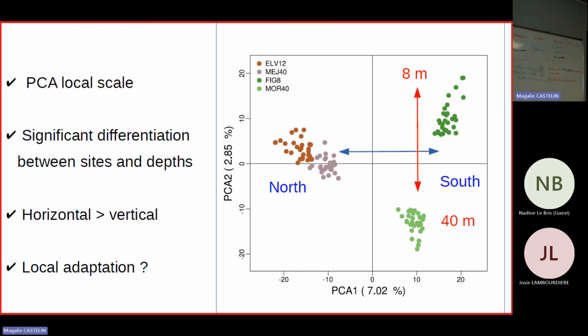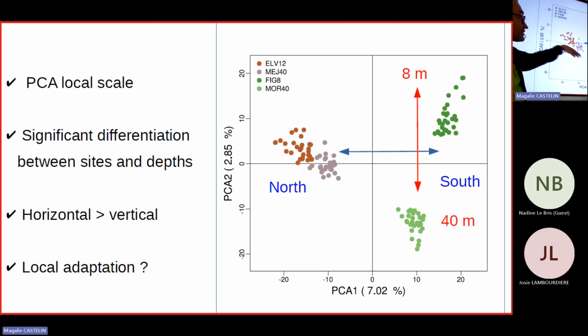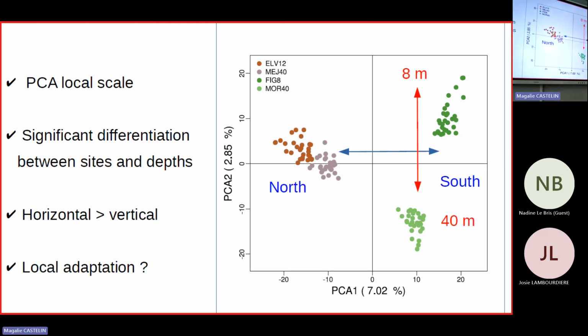The first is the one that indicates which has more information. So the main distinction among these sampling sites is the north-south separation. That means that the main separation here is geographical, north-south, and it's not a depth separation.